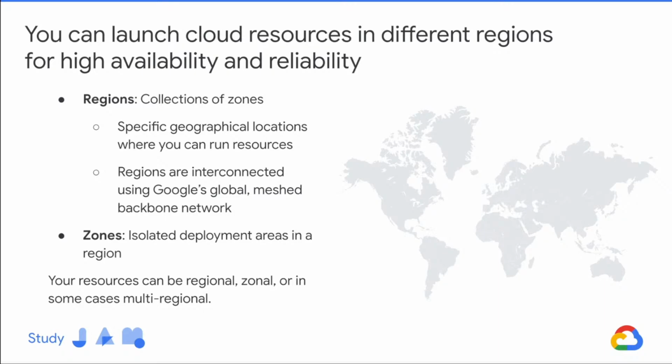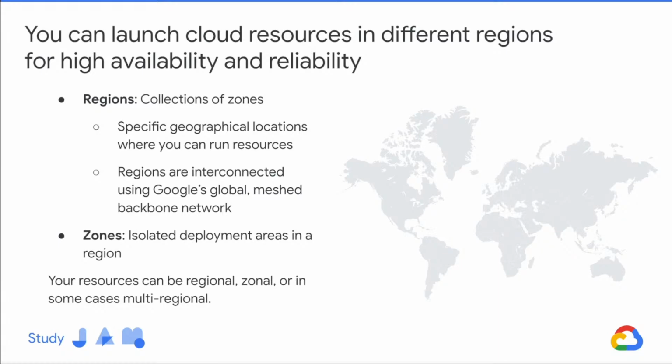A zone is designed and set up to be independent of the other zones within a region. In the rare case that one zone goes down, the other zones are still operational.